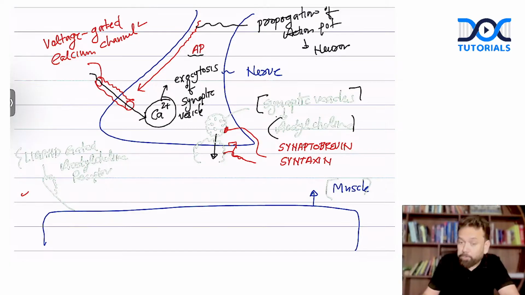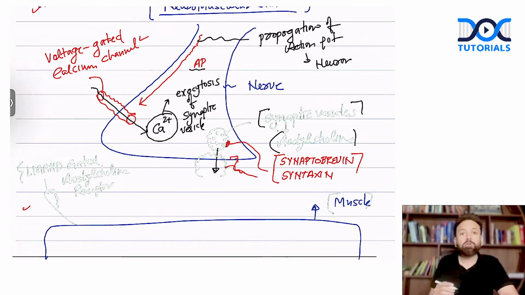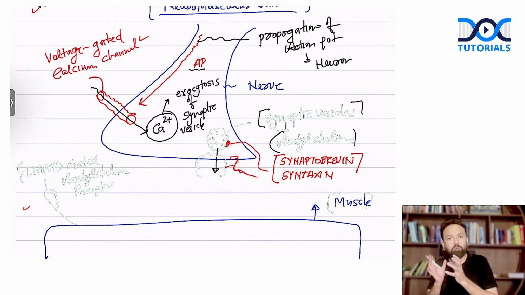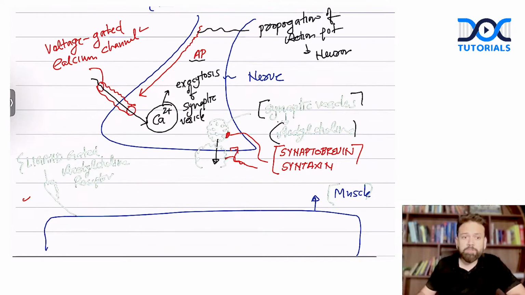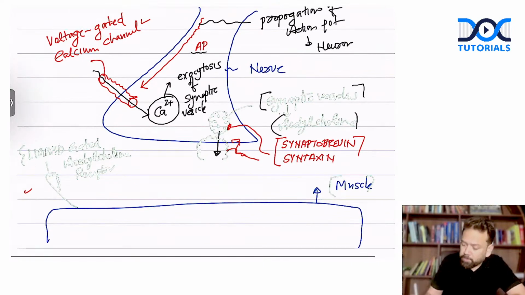So synaptobrevin and syntaxin help in the docking phenomenon. Docking means that the vesicle has to come to the end of the nerve terminal so that neurotransmitters can be released to work. Okay.